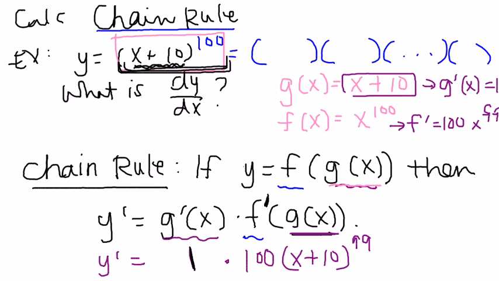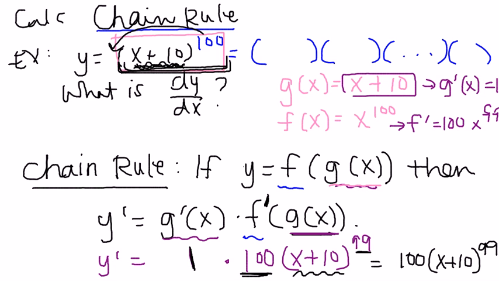So the derivative of this would be, well, we carry this 100 out to the front. That's where we get this 100. Evaluate it at the original inner function. And remember, since we're using the power rule, this becomes 99. So the derivative of my y function above is 100 times x plus 10 to the 99.